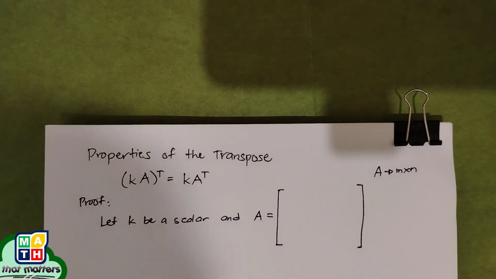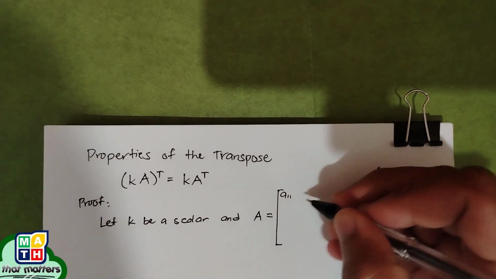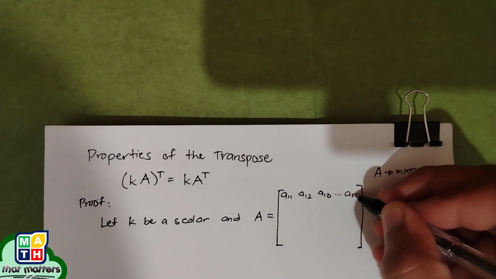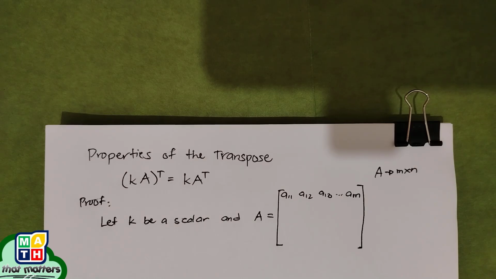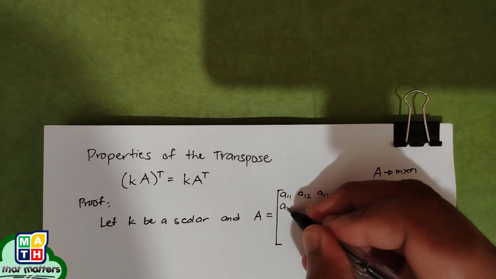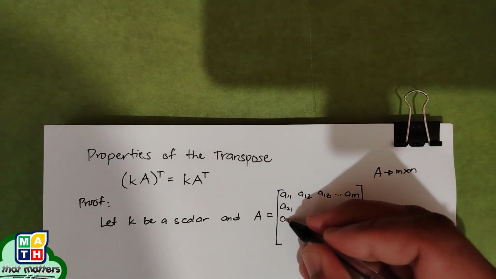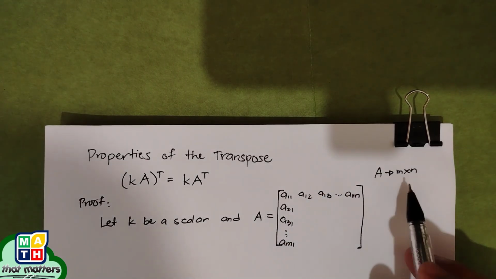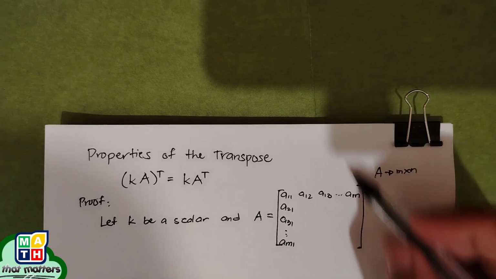Let us use these entries. You have A11, A12, A13 until A1n. That's the first row. Our first column would be A11, A21, A31 until Am1. That's why it's called m by n: m the number of rows, n the number of columns.